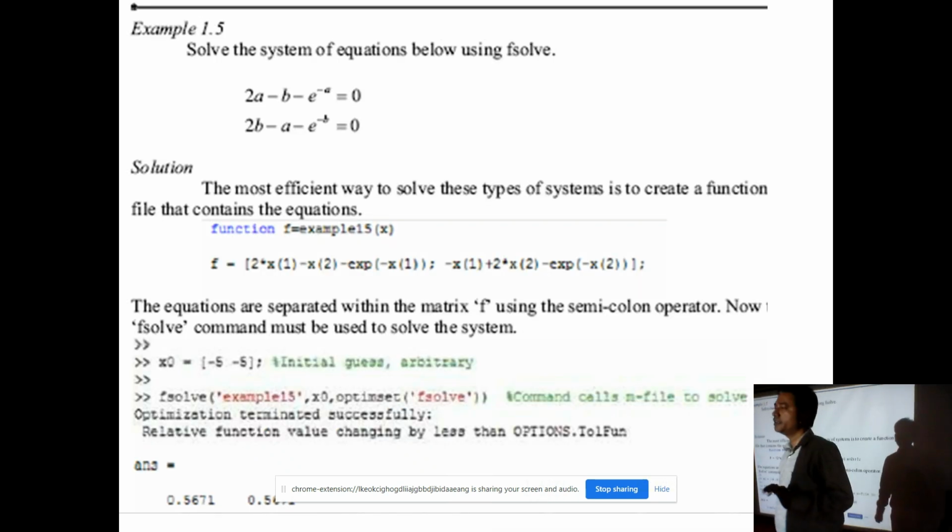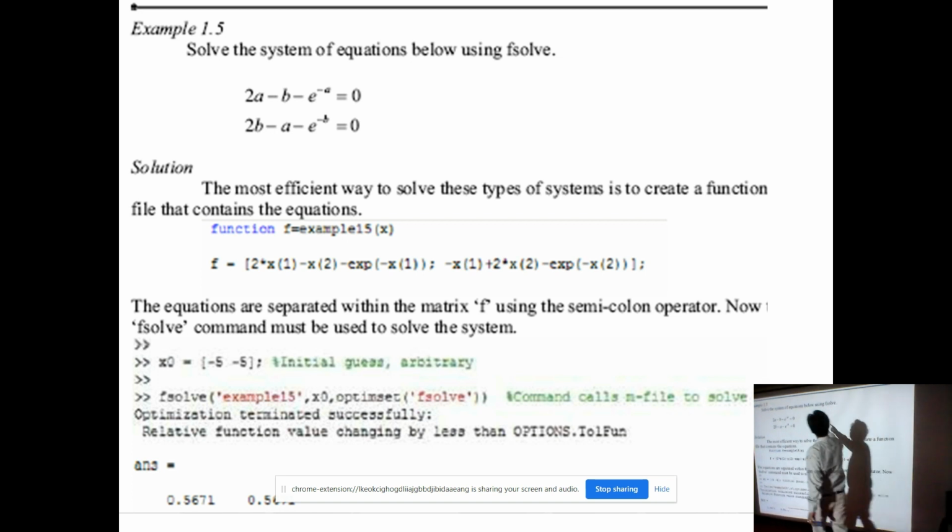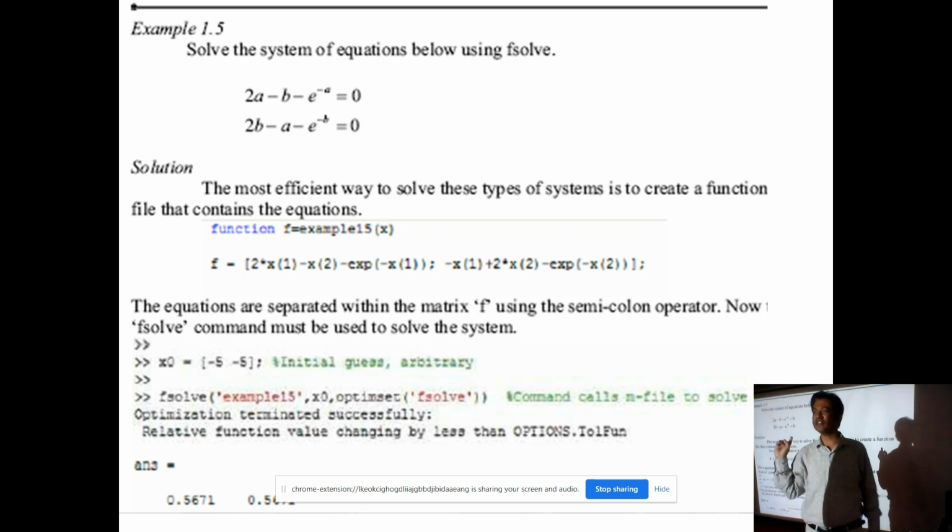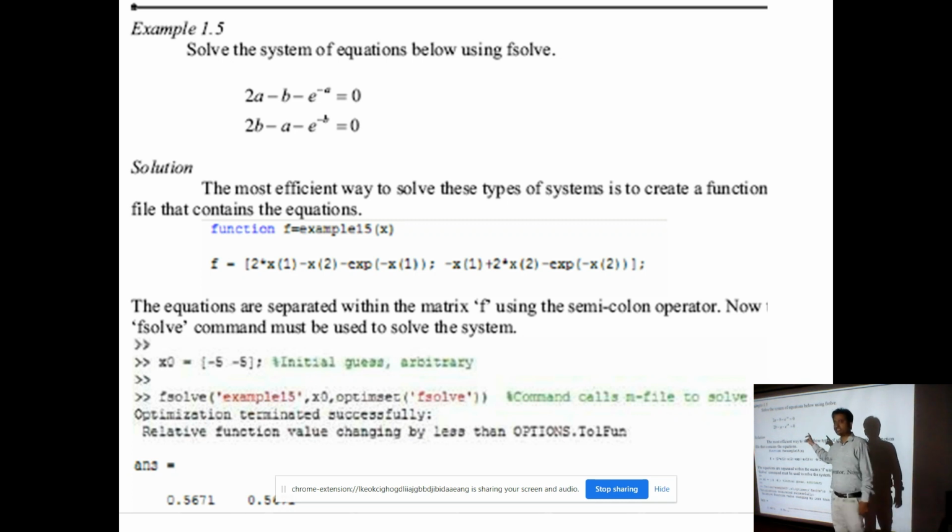Now this is solving a system of equations which are non-linear. Look at the equations, they are not linear. The earlier ones were linear. You see, 2a minus b minus e power minus a, and 2b minus a minus e power minus b.